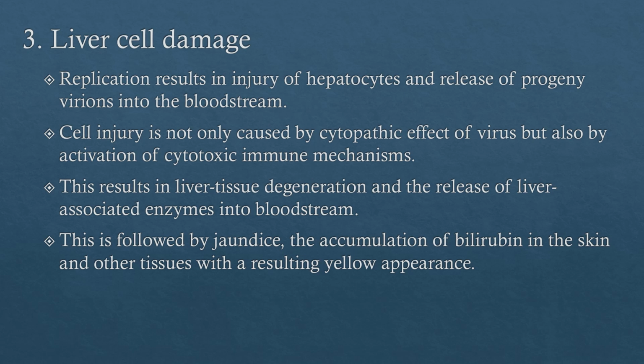This is followed by jaundice, the accumulation of bilirubin in the skin and other tissues, resulting in a yellow appearance. Chronic hepatitis leads to persistent hepatitis with mild periportal inflammation. This will lead to chronic active hepatitis with more widespread inflammation and necrosis, which leads to cirrhosis and hepatocellular carcinoma.